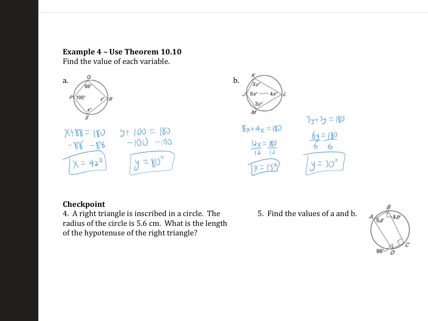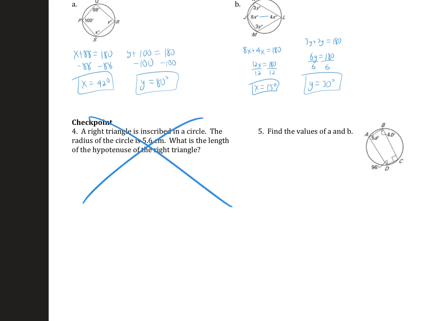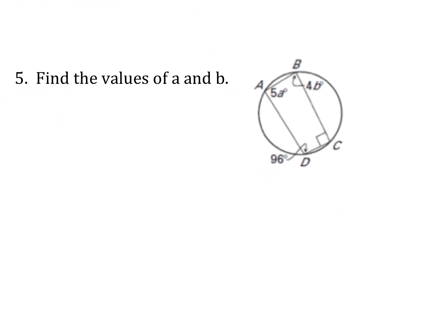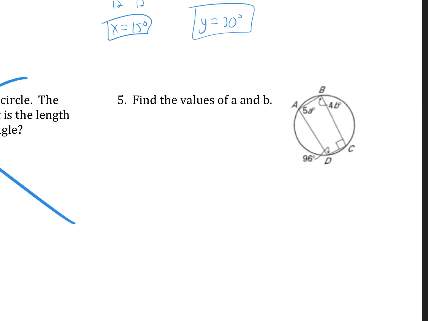All right, sounds good. Checkpoint 4, don't worry about it. If you want to try checkpoint 5, go ahead and feel free. All right, so again, opposite angles in a polygon that is inscribed in a circle are supplementary. So we have 5a plus 90 equals 180. And also 4b plus 96 equals 180.